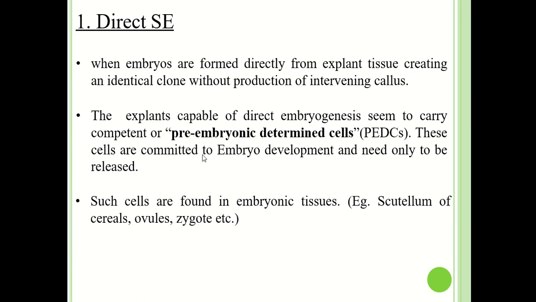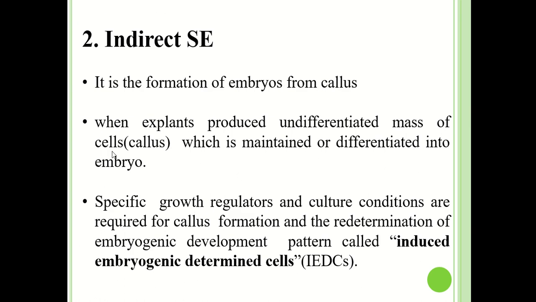As they are committed to the formation of the embryo, that's why we say it is direct embryogenesis. These cells are present in the scutellum of cereals, ovules and zygote, etc. All these are embryogenic tissues.